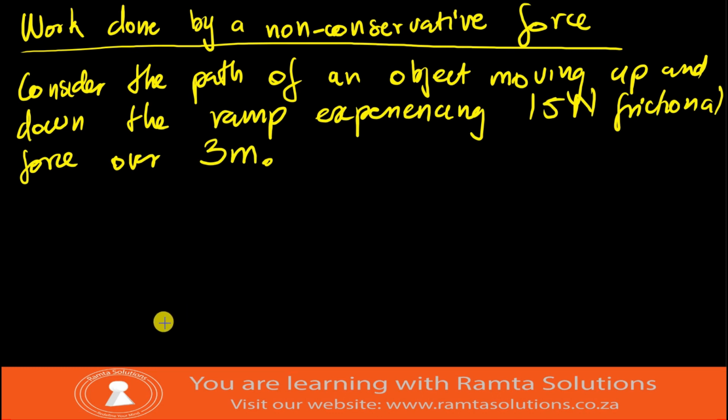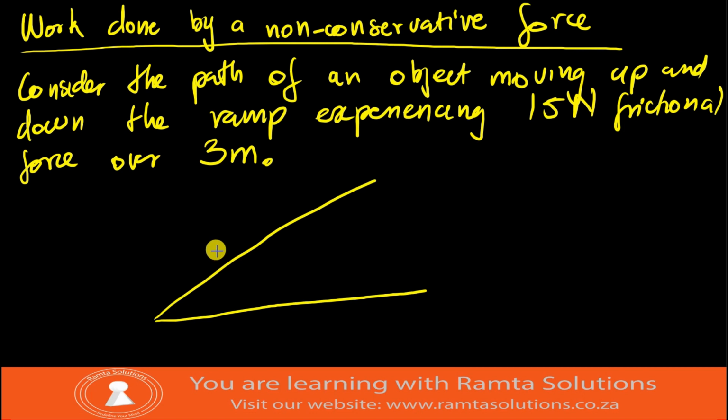So here is our ramp. This ramp is 3 meters. Let's say this is our object here. As it goes up, friction is obviously opposing motion.